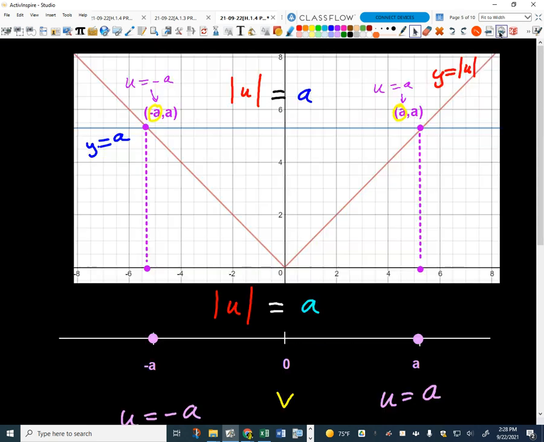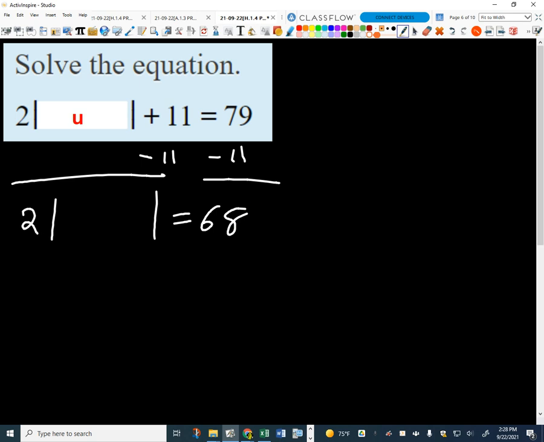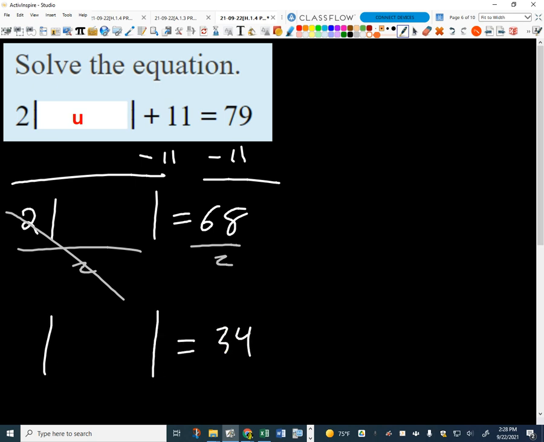Remember, that's my first step, is to isolate the absolute value. Okay? All right. So we're going to subtract 11. So I get 2 times the absolute value function equals 79 minus 11, which is 68, right? Divide by 2, you told me. That's correct. So those guys cancel. And then I get my isolated absolute value equals 34.